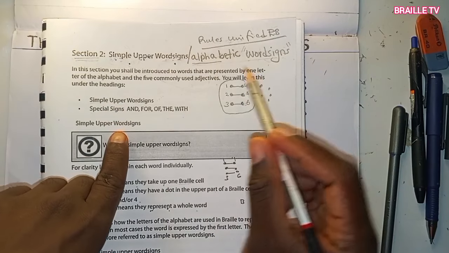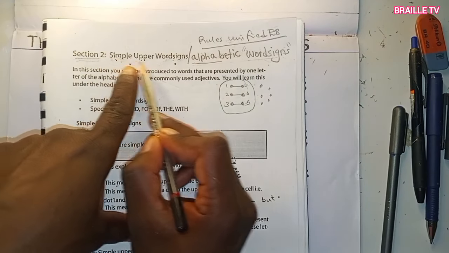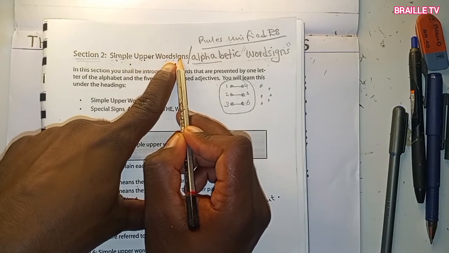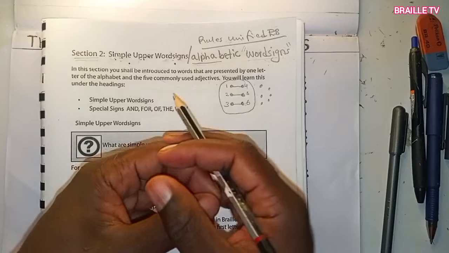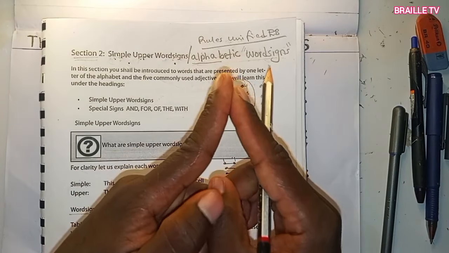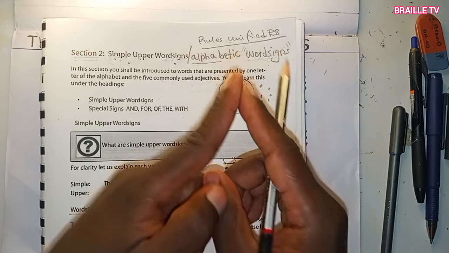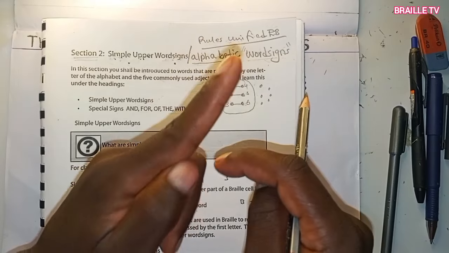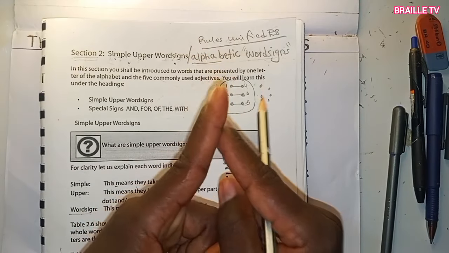Now, let me explain these 3 words here, simple upper word signs. Now, we are going to look at the letters of the alphabet A up to Z, whereby each letter represents a whole word, okay? Whereby each letter takes 1 Braille cell.